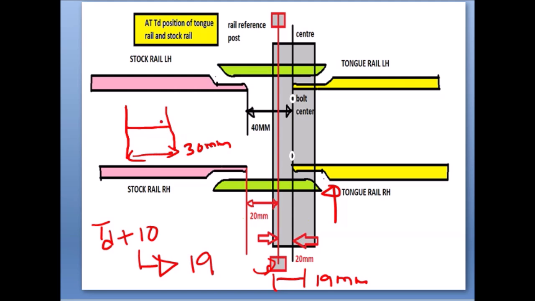This is the present location of the tongue rail, and where we want at this temperature is 19 mm. So I want somewhere here, 19 mm. Alright, so what I have to do, you have to push the tongue rail toward this direction. So you should adjust like this. Initially it is like this, so you have to push this tongue rail towards this direction, so that now it becomes 19 mm. Similarly for any other conditions.